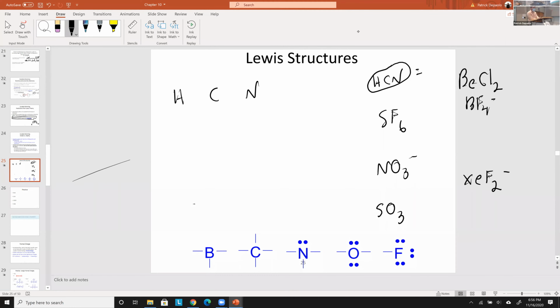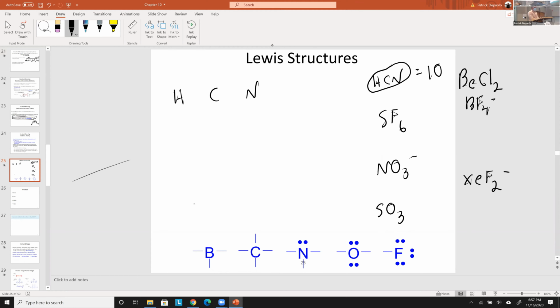Carbon has 4. Hydrogen has 1, so that's 5. Nitrogen has 5 also, so that's 10. Yeah? Okay, 10. Close.